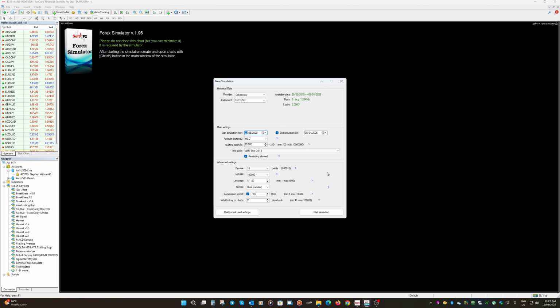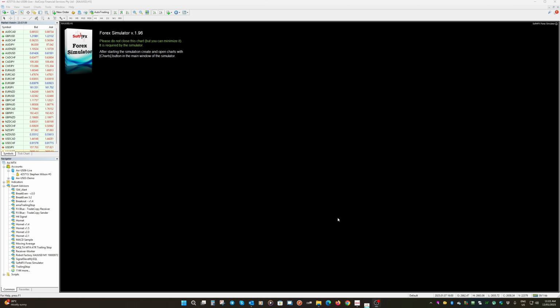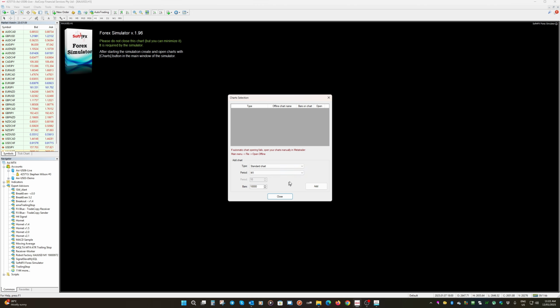And I'm going to use a risk to reward ratio of 1 to 1.5, so that is 1.5R. So let's set up the chart and get started. I'm going to use a 1 hour chart for this one.